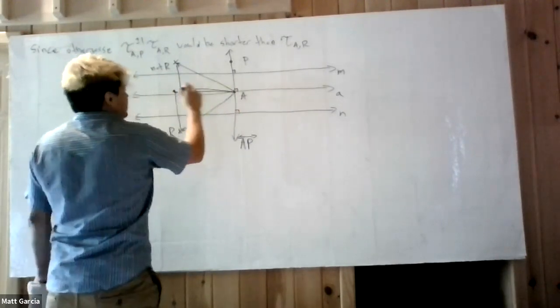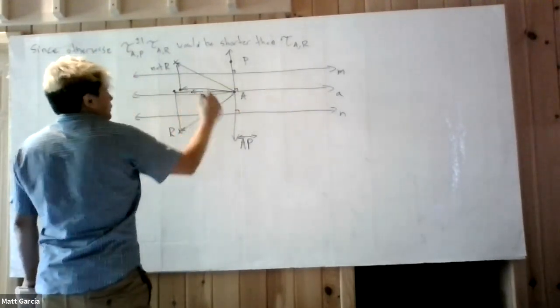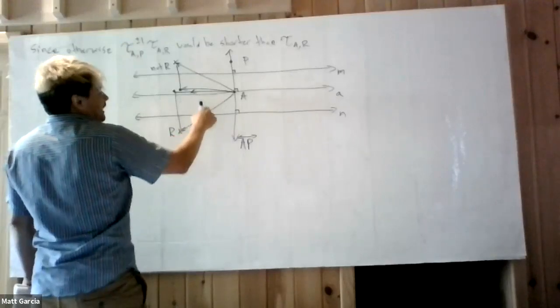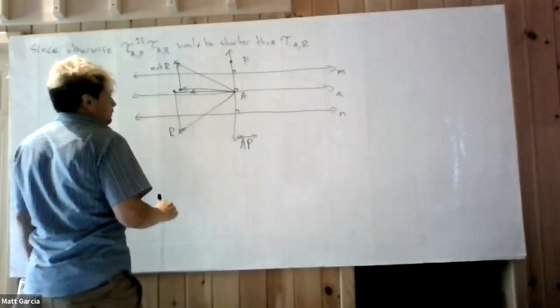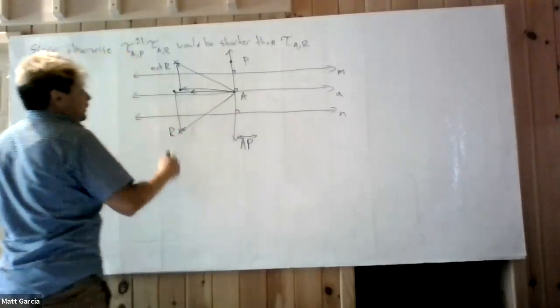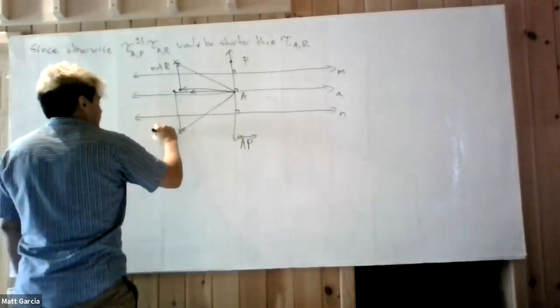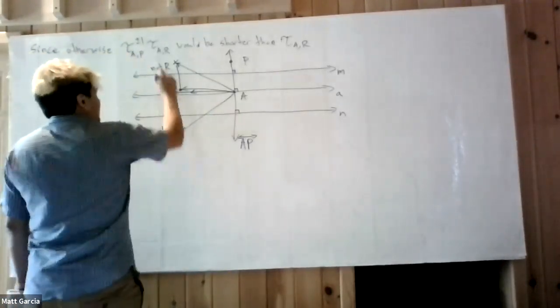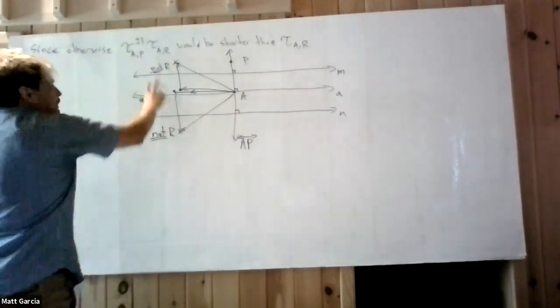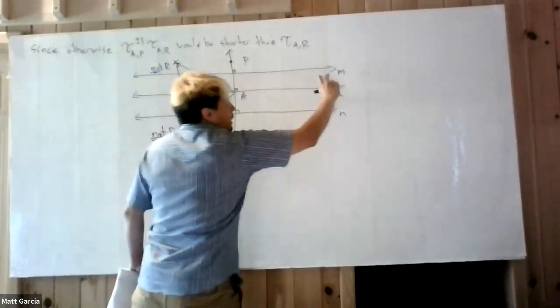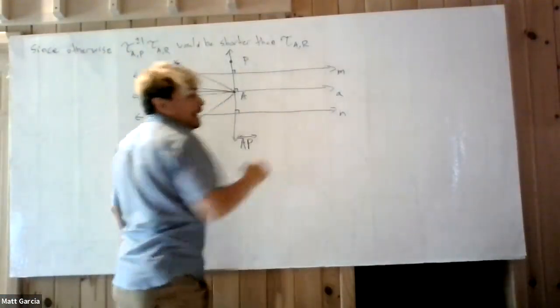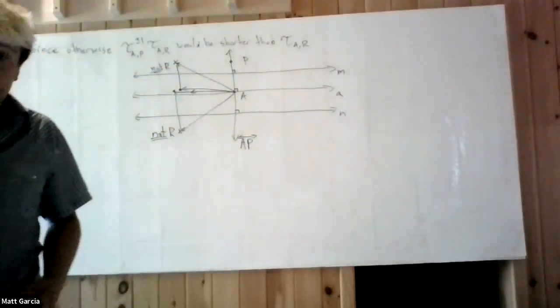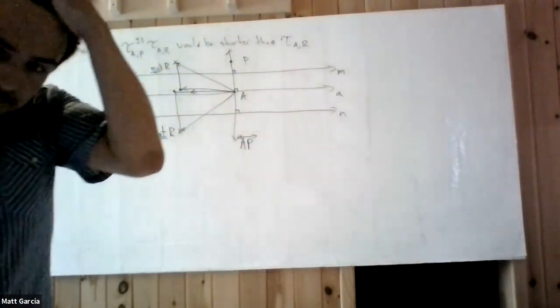And this translation is of less length than this translation, right? It's shorter. So this is not R. R has to be in this strip, or possibly on M or N. Does that seem clear?